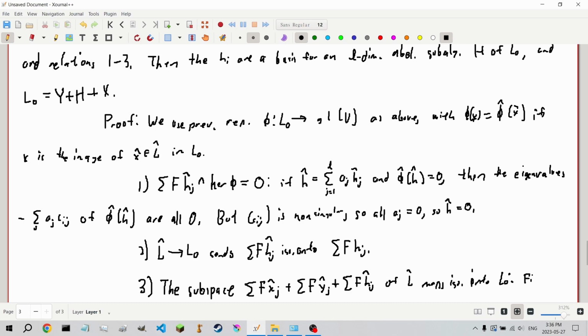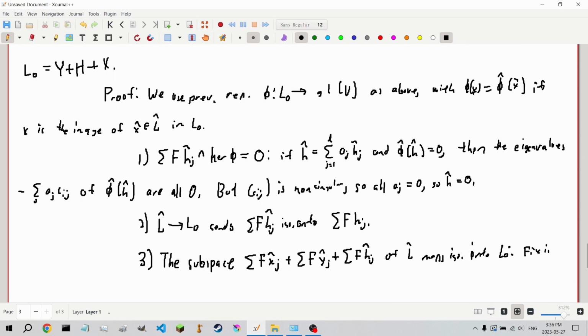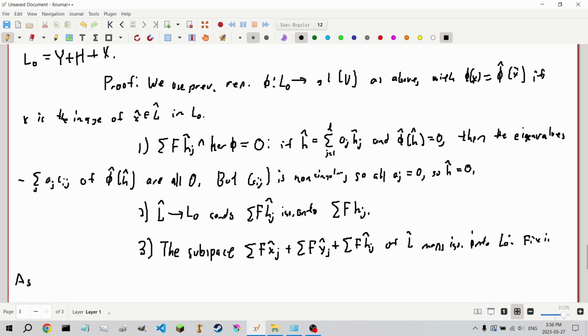So we're going to fix an i. From our relations, the bracket of x_i, y_i equals h_i, the bracket of h_i, x_i equals 2x_i, and the bracket of h_i, y_i equals negative 2y_i.